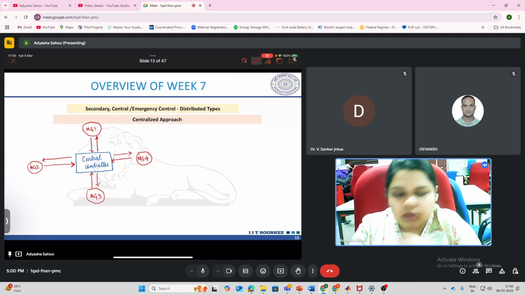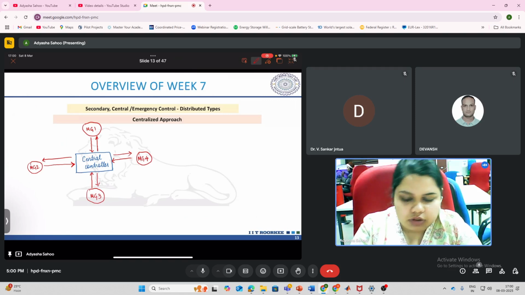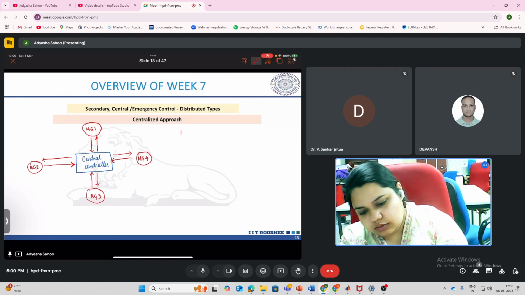And then the microgrids can again function. That is for the 5 minute time window. Now, what are the disadvantages of this method? Firstly, it will lead to a single point of communication failure.